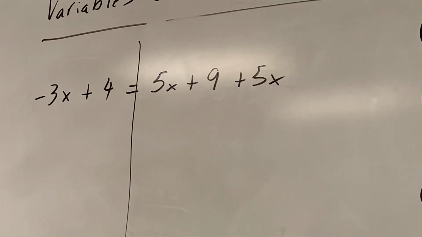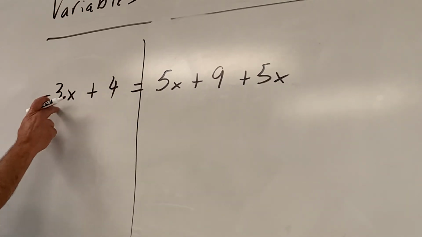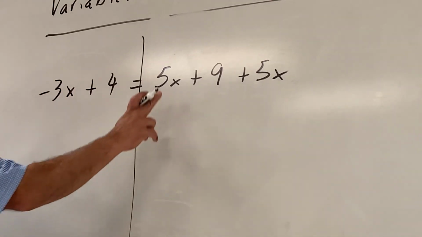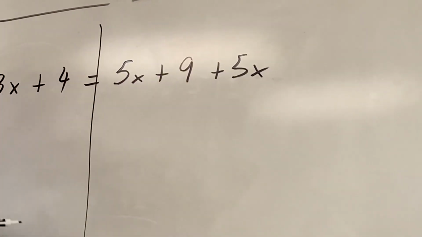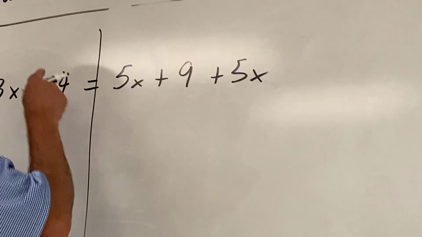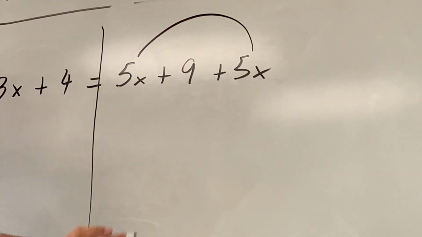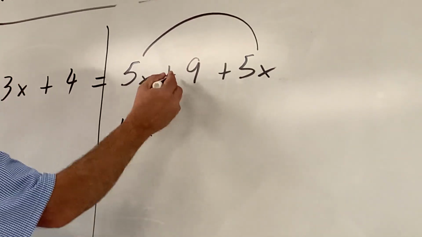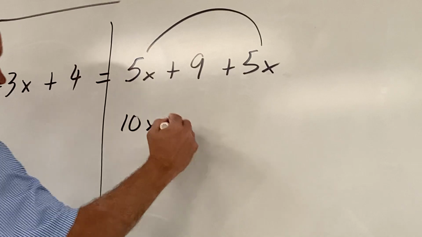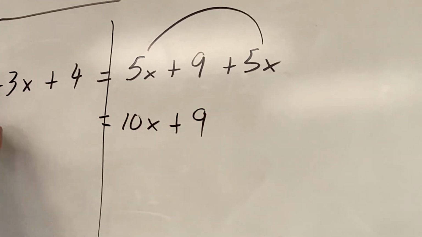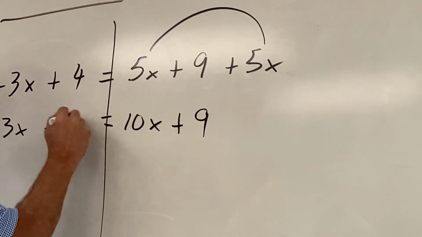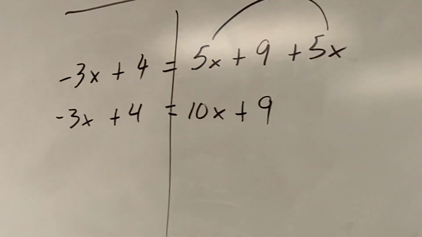All right, Jake, can I combine anything over here? Good. Can I combine anything over here? Yes. What can we combine, Jake? The variables. So what's 5x plus another 5x? 10x. Did we do anything with the 9? Rewrite. Any questions so far?